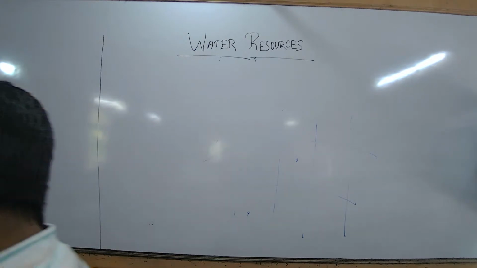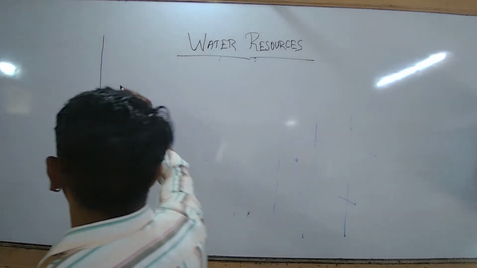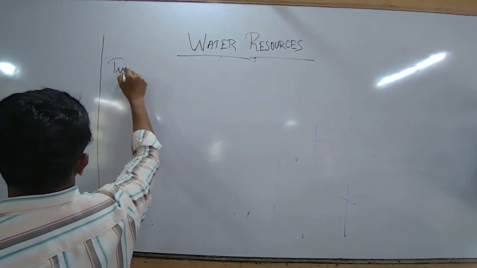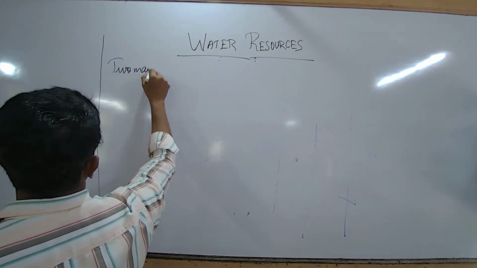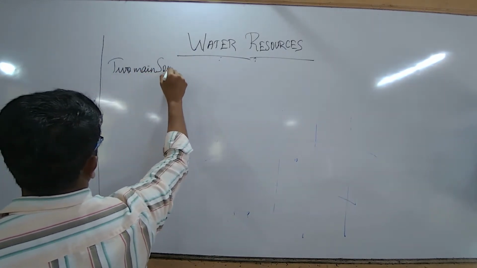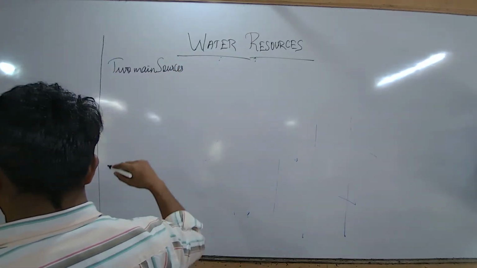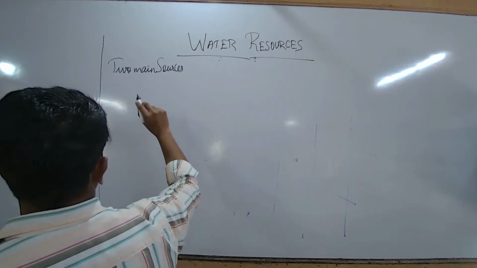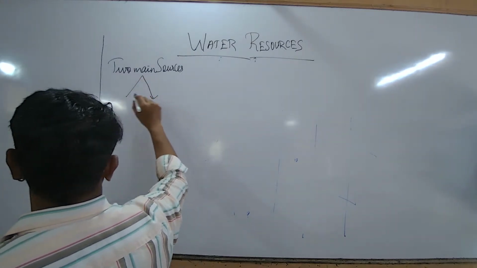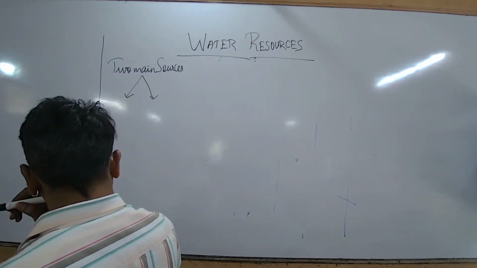Two main sources of water: groundwater and surface water.